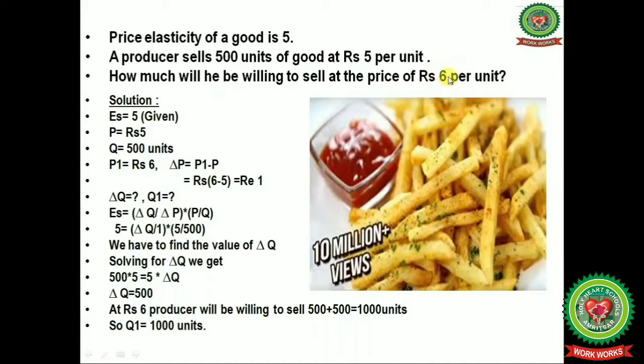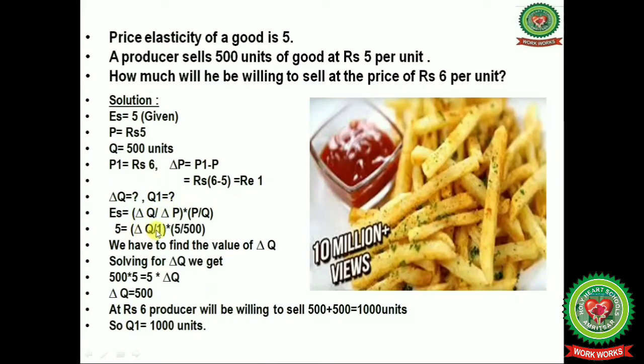Now the new price is 6, and the change in quantity is not given, so we have to calculate it with the given figures: ES, elasticity of supply, is equal to 5. Original price and original quantity are also given, 500 units and rupees 5. P1 is also given, rupees 6, and delta P is equal to P1 minus P, 6 minus 5, rupees 1. Now delta Q and Q1 we have to calculate.